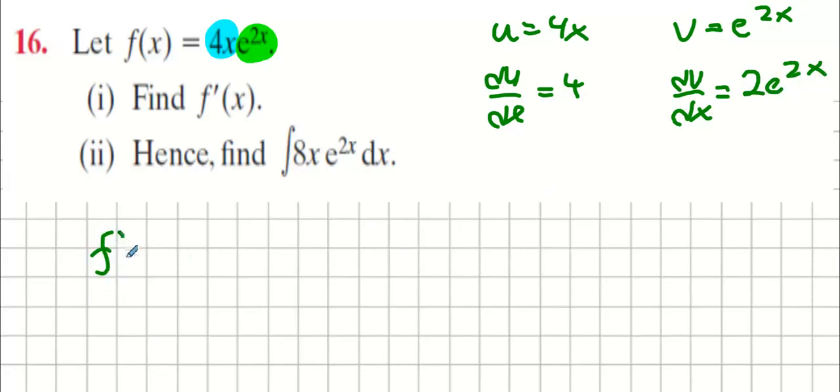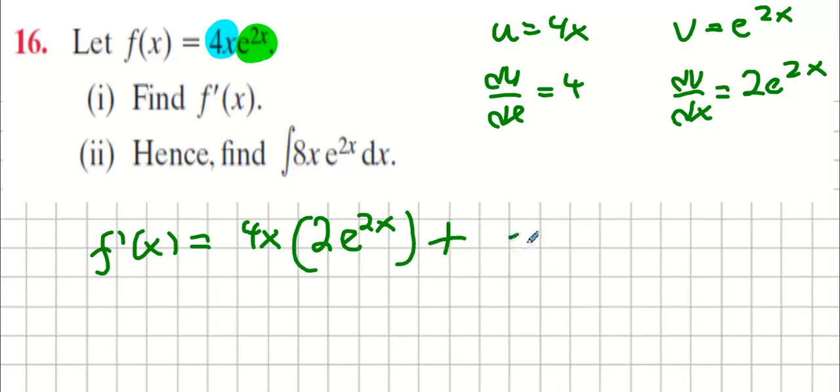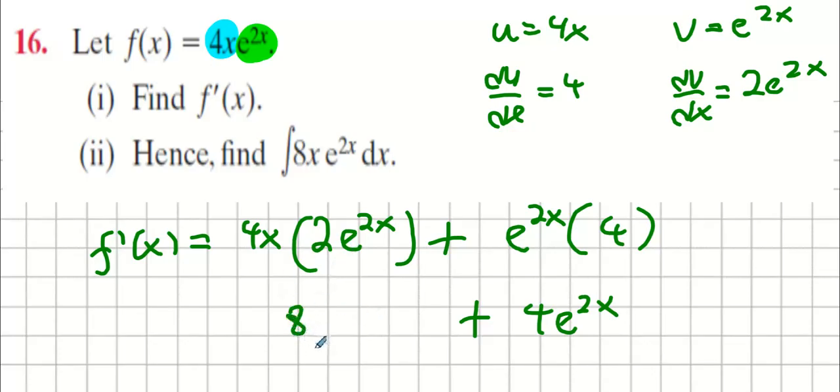Now, f dash x is the following: u times dv dx, so it's going to be 4x times 2e to 2x, yeah, plus v times du dx, e to 2x times what? 4. And what does that give me? 4e to 2x, and the other one is 8x e to the 2x.